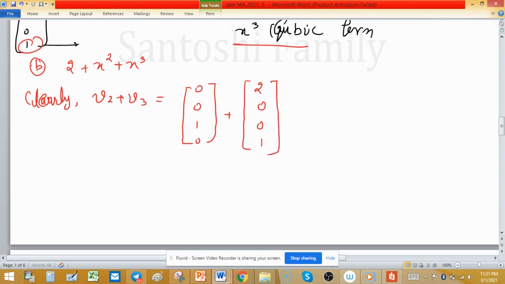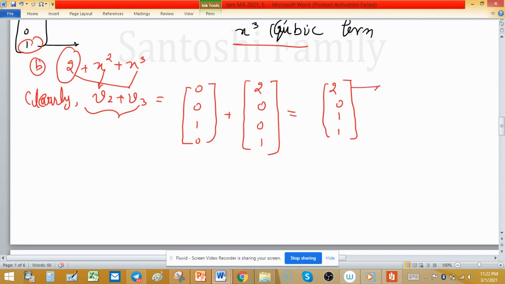As you can check, 2 is coming here. So in the matrix representation, 2 is coming in v3 and x cube is also, and x square is coming in v2. So I use v2 v3, and this sum is 2 0 1 1.